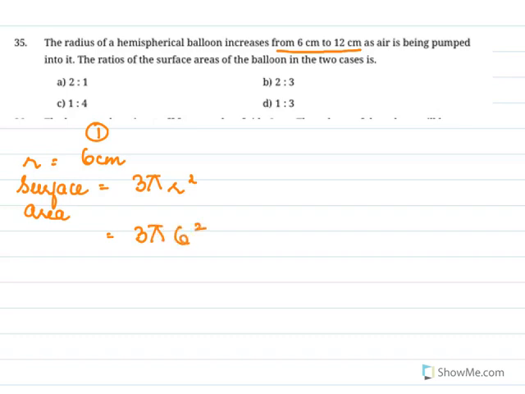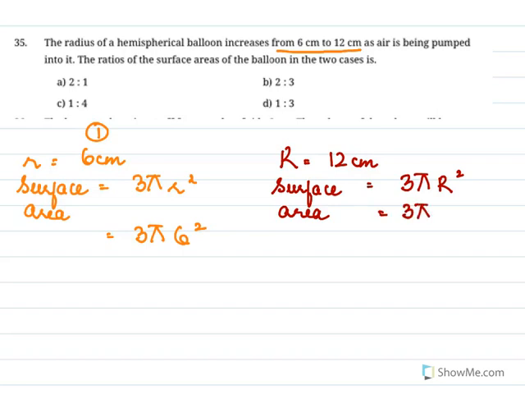And the second case, now the radius is 12 centimeter and the surface area equal to 3 pi r square, which is 3 pi, the r now is 12 square, and we need to find the ratio.